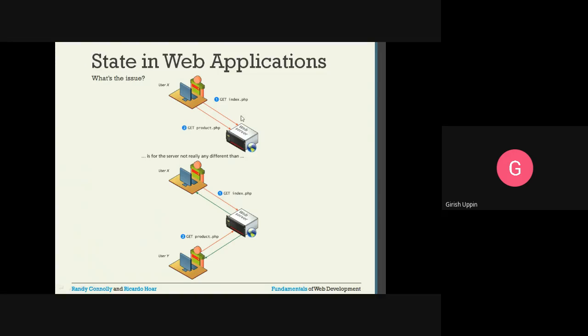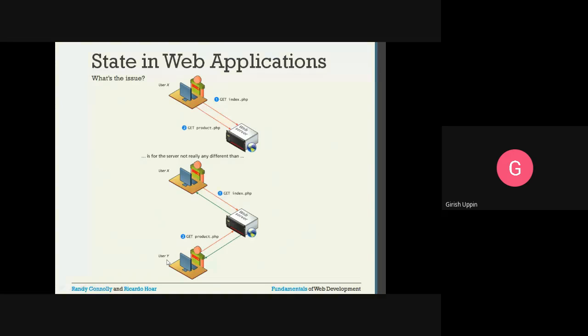Essentially these two requests are exactly the same, but here they come from two different users. Here the server has no way to distinguish between these two requests: index.php coming from user X, and product.php coming from user Y.